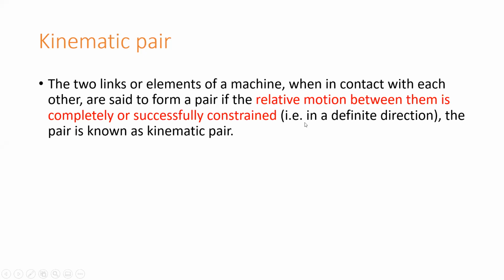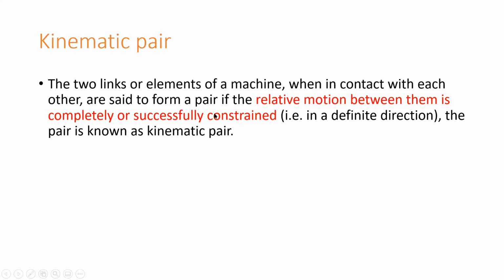That motion takes place in a definite direction, in a predicted direction. You know that when these two links are there, only this motion is possible between them, and no other motion is possible. That direction is known to us. The pair is known as kinematic pair.